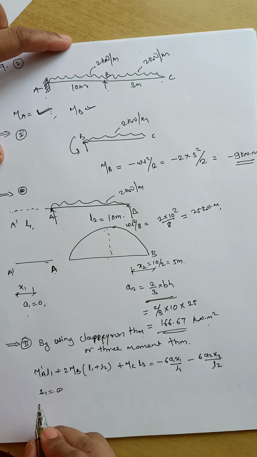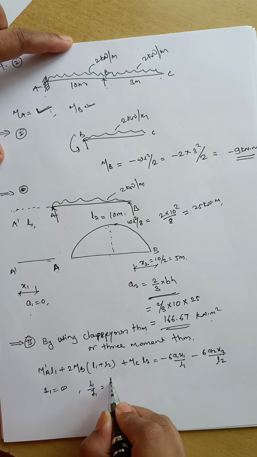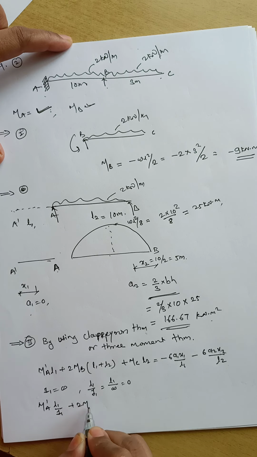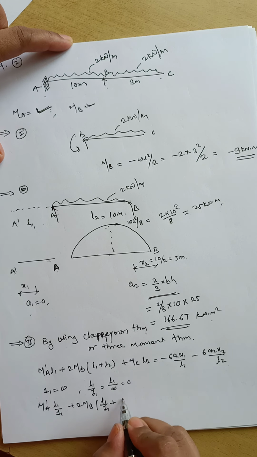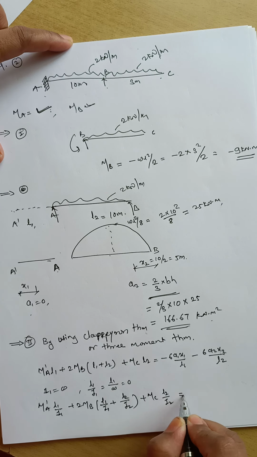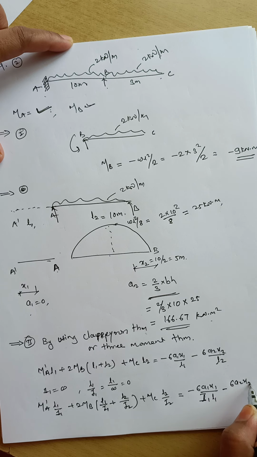So L1 upon I1, L1 upon infinity, is 0. That's why we should write the equation like this, which is the correct way to understand the problem and the concept: minus 6 A1 X1 upon I1 L1 minus 6 A2 X2 upon I2 L2.